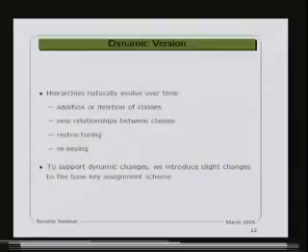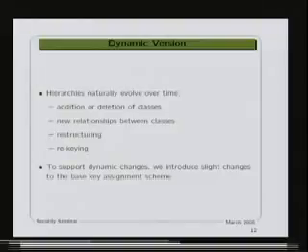So now I'd like to switch to the dynamic version of this scheme. As already mentioned before, throughout their operation, hierarchies are going to evolve. There can be a number of changes that happen to them, for instance addition or deletion of classes when we want to restructure the hierarchy, or we want to add a new relationship between classes, add new edges, or remove some other edges, or if we simply want to rekey a certain class because we know that the secret key for that particular class was leaked.